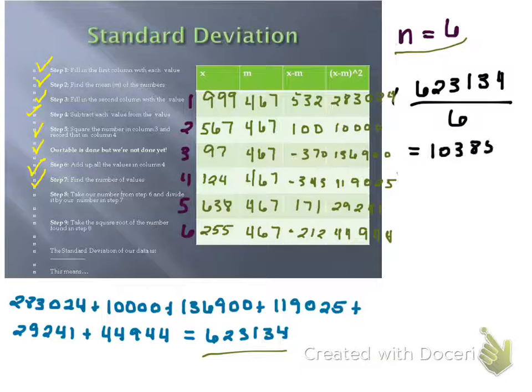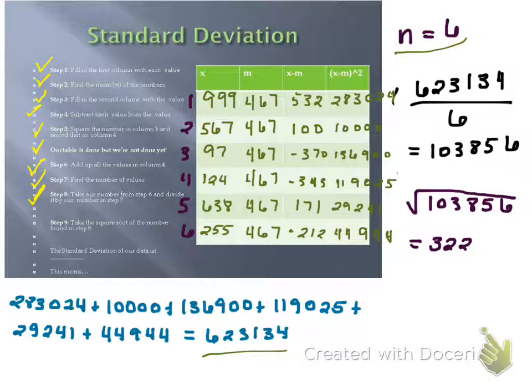So then we have to divide the numbers added together, 623,134, by the amount we have, which is 6, and we get 103,856. Next step is we have to square root that number, and after you round it, you get 322.